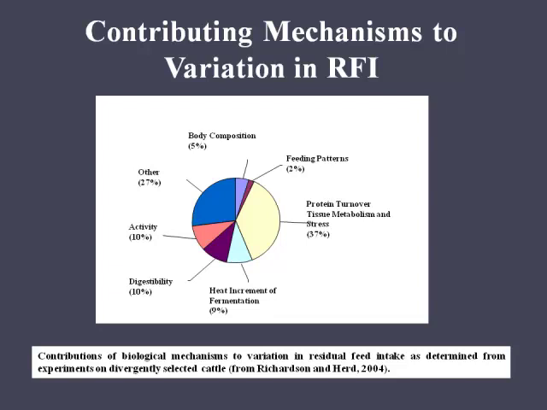There's a range of activity in animals. Less efficient animals, more active. About 10% of the variability is explained by greater activity. There's a digestibility component, so there's an interaction there between the genetics and environment and what the biota are in the animal's digestive system, and also heat increment of fermentation that's kind of tied together with digestibility.